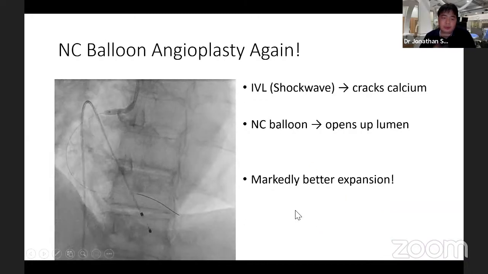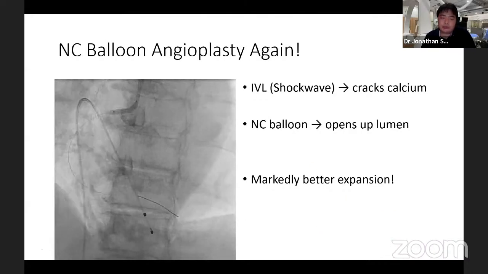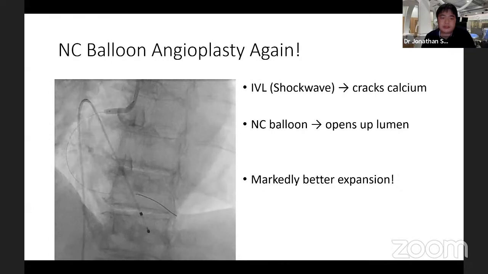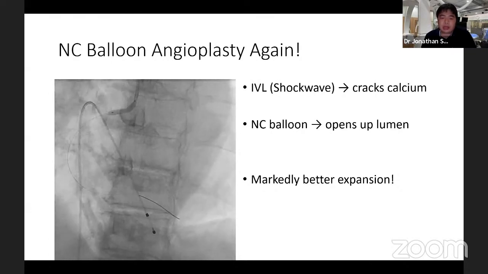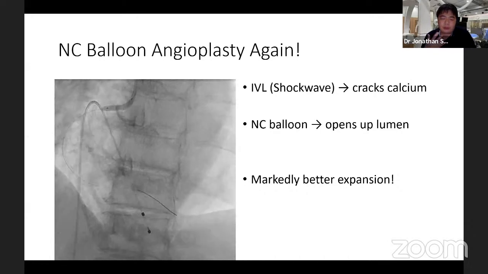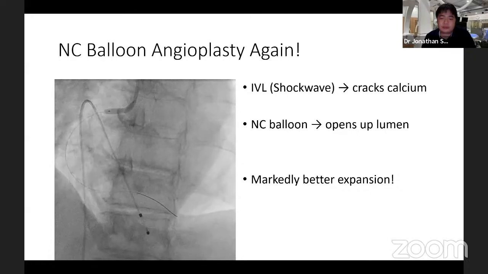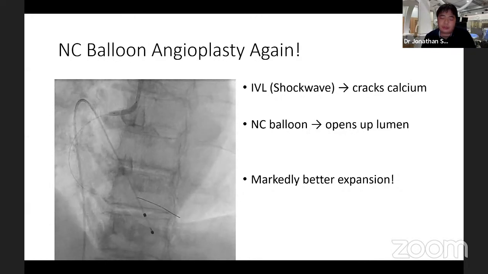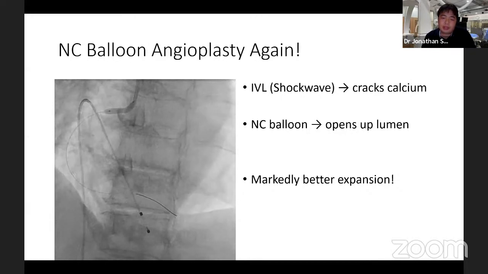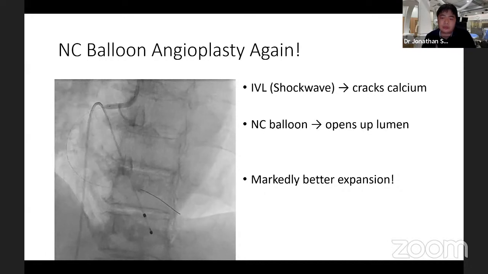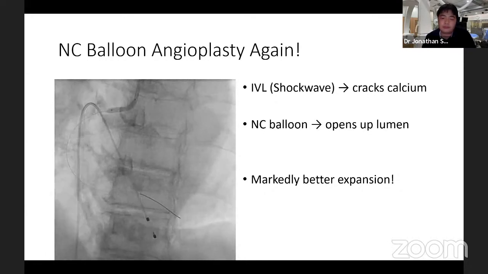And then we wanted to test how much we've achieved by performing NC balloon angioplasty again. It is my own habit that I like to follow up with an NC balloon angioplasty after each time I use intravascular electrotripsy, because after cracking the calcium, I wanted to see how expandable the lesion becomes, and also the NC balloon will help to open up the lumen.